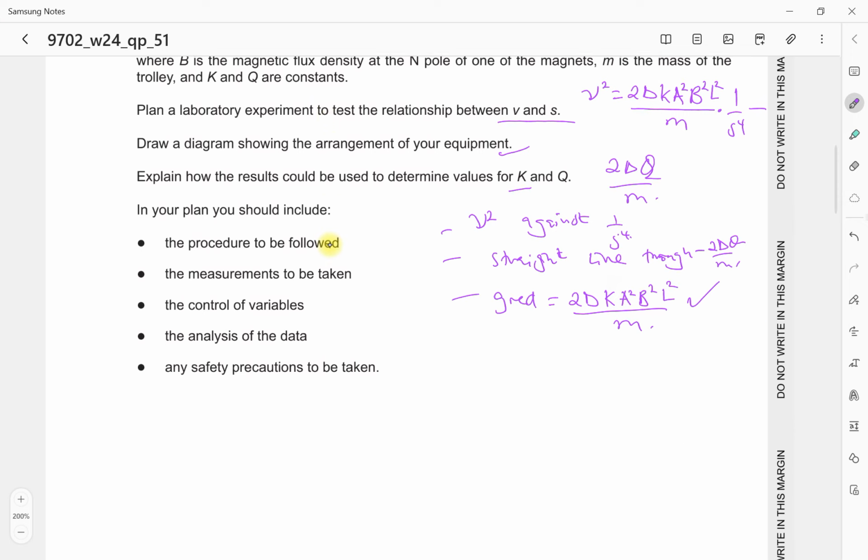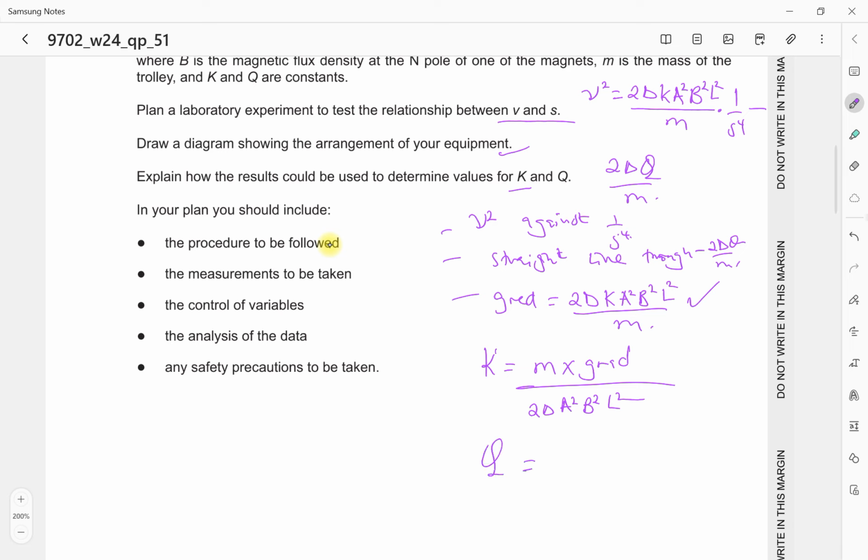So here, because the gradient is equal to that, it means my k is going to be m times the gradient, divided by 2d a squared b squared times L squared, that is k.